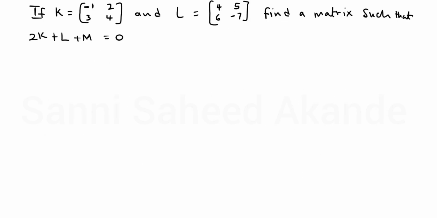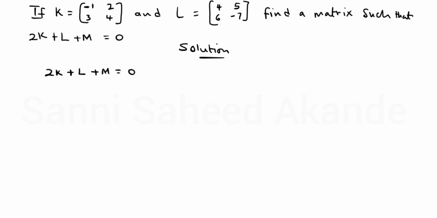The question says, if K is given as what you are seeing on the screen and L also as what you can see on the screen, then find a matrix M such that 2K plus L plus M is equal to 0. Solution. So we are going to work with this equation given to us, that is 2K plus L plus M is equal to 0.